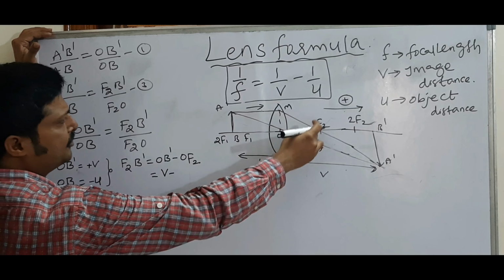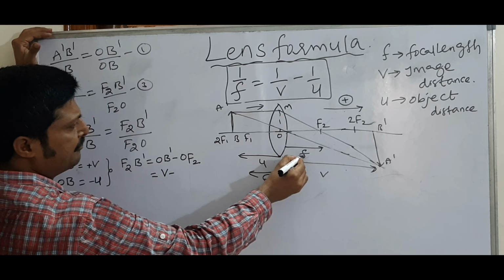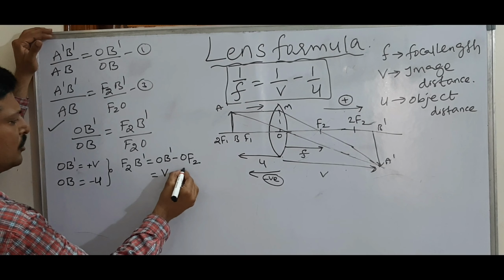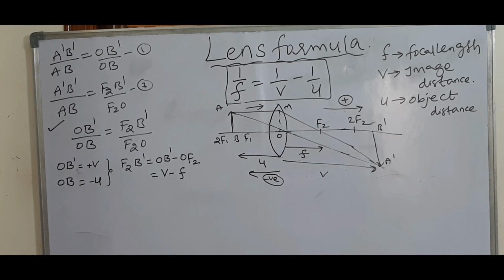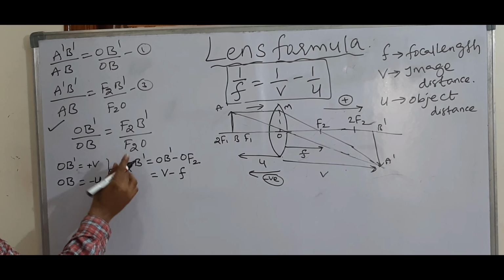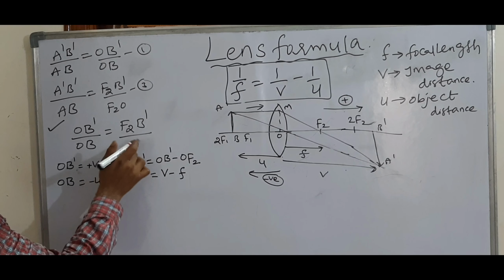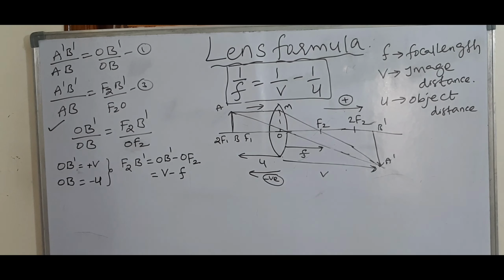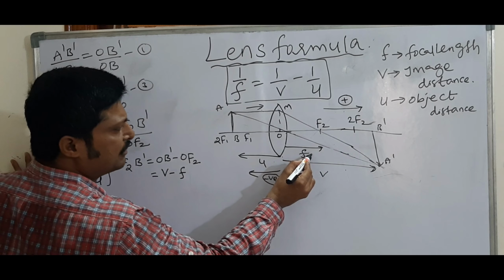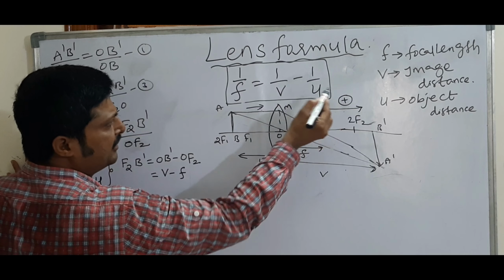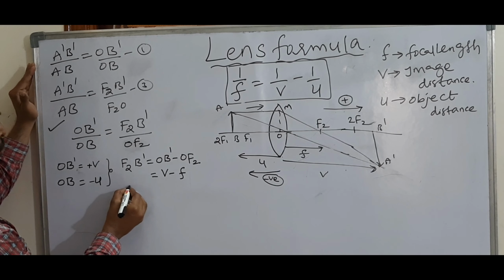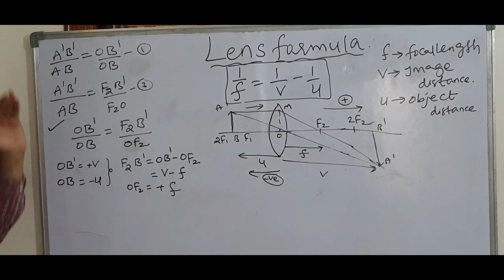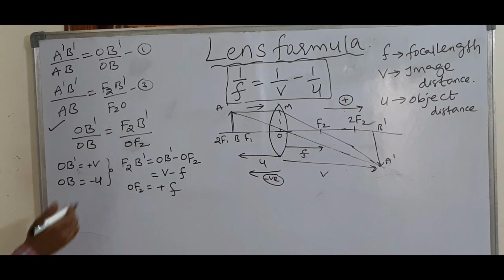OF2 is also in the direction of incident rays, so taken as positive. So this is F. Next, F2O we can write as OF2, because all distances are from the optic center. OF2 is nothing but the focal length. It is also in the direction of incident rays, so it is positive, that is plus F.